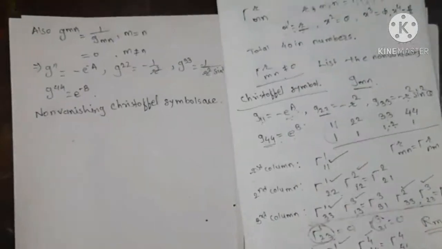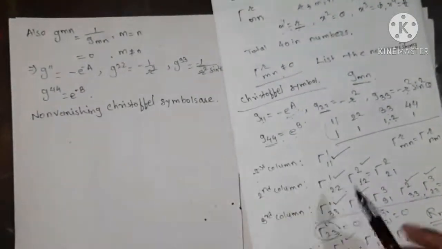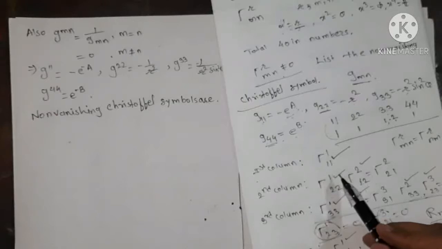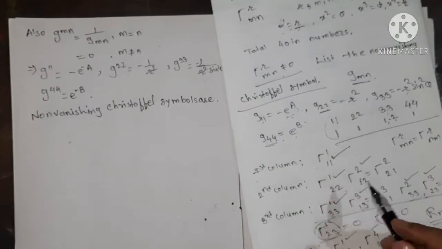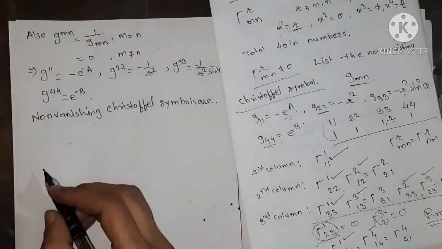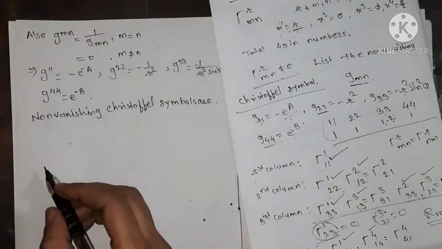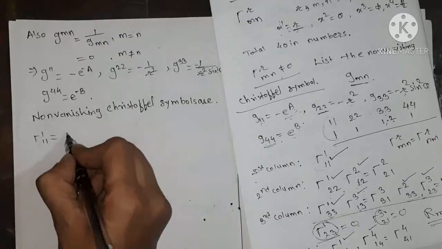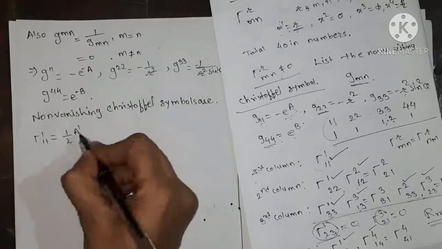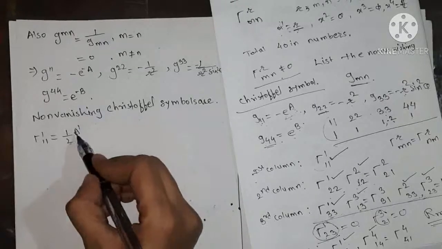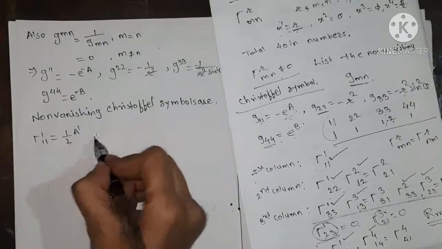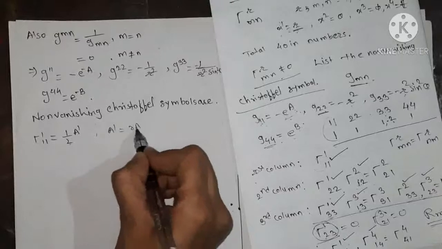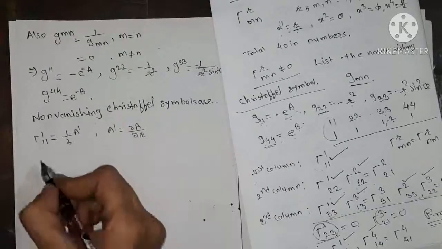As we computed some of these in the previous lecture, I am writing here directly all the values. The value of gamma 1,1,1 is equal to 1 upon 2 a dash, where a dash is nothing but del a upon del r.